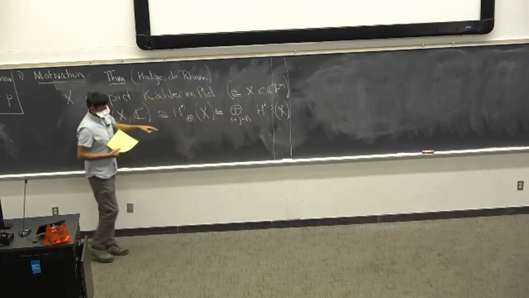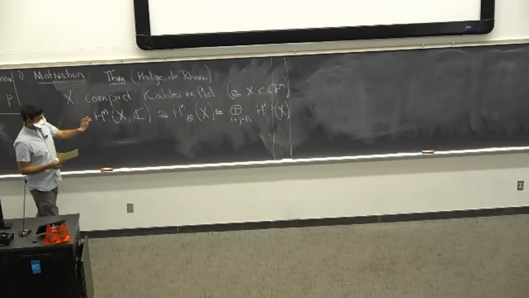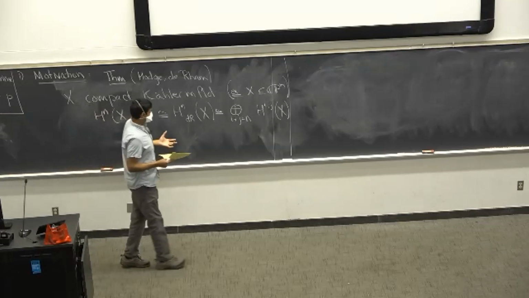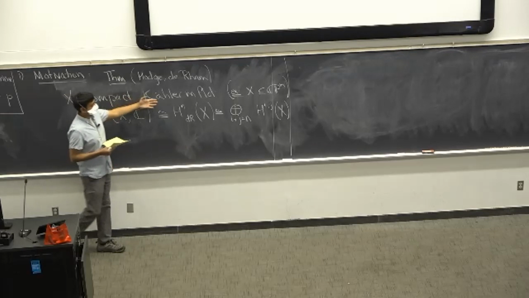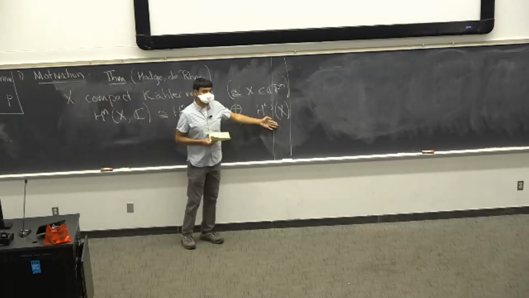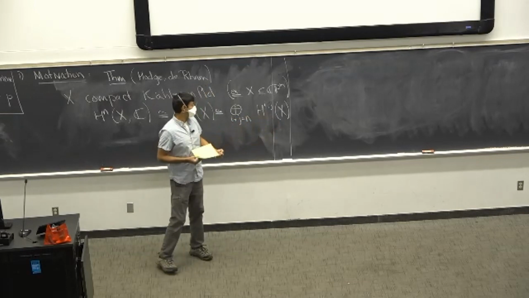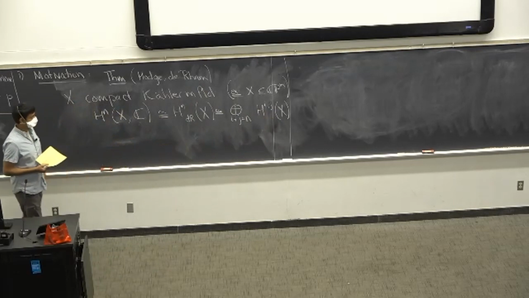One of those is the subspace of global holomorphic one forms on the variety. So what this isomorphism says is that if you have a simply connected compact Kähler manifold, there are no non-zero global holomorphic one forms on it. If you try to write down a one form on the variety which is holomorphic, it's going to have poles somewhere. You're not going to be able to do it without introducing poles.